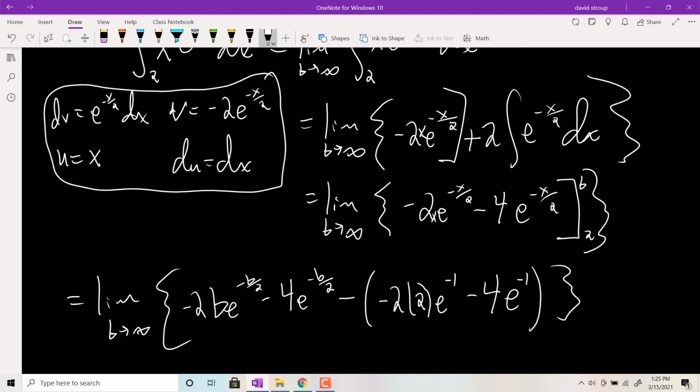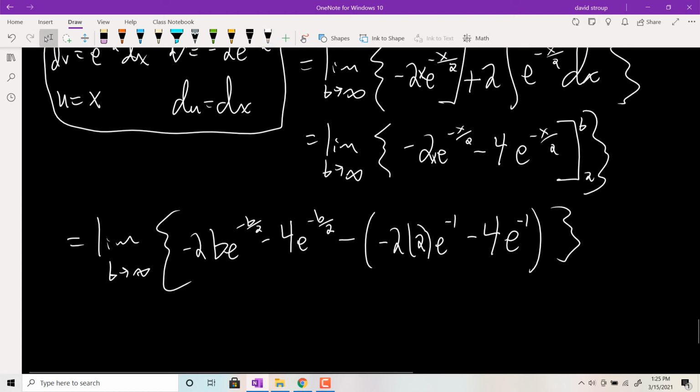And then I can figure out these limits. So this character here is going to go to 0, right? Because that negative exponent will drop the e to the denominator, and then it'll get huge on us. This guy here, you're going to have to do a L'Hopital's, right? Let's just look at b all over e to the b over 2.